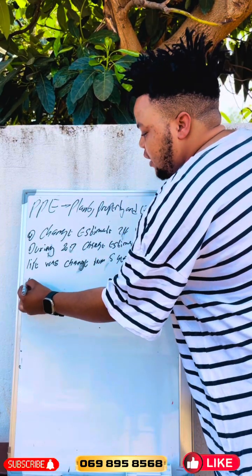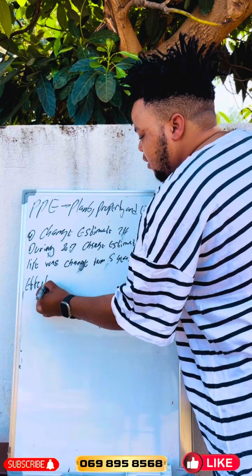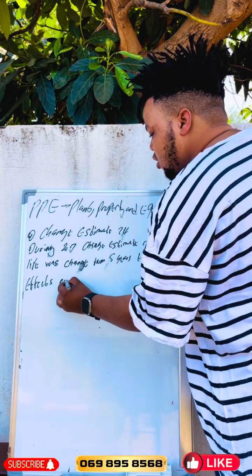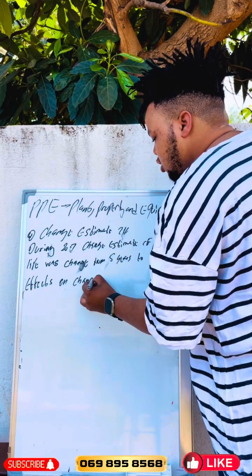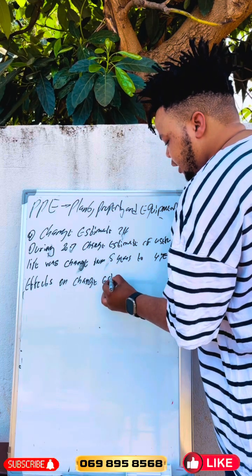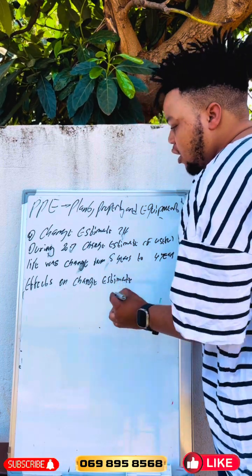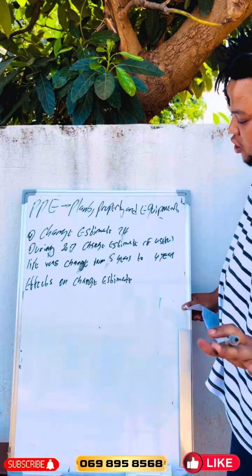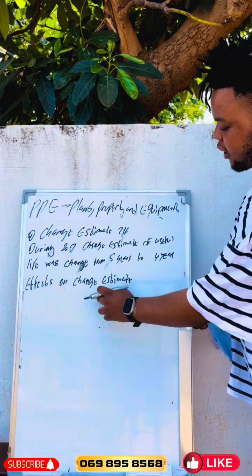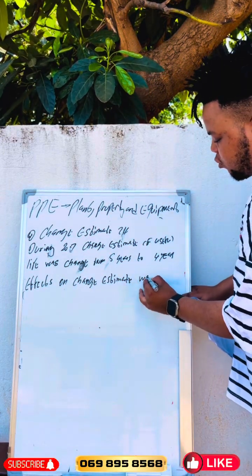And then after that, you indicate the effects. Effects on change in estimate. So we must also tell them what was the effects on change of estimate. The effects on change in estimate was to do what?